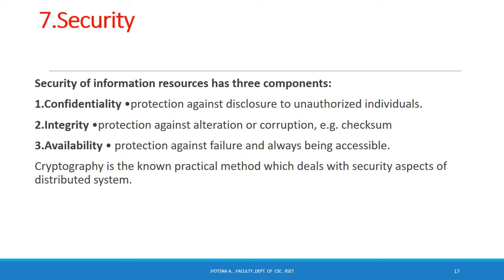The seventh challenge or characteristic of distributed system is security. The security of information resources has three components: confidentiality, which means protection against disclosure to unauthorized individuals; integrity, protection against alteration or corruption; availability, protection against failure and always being accessible.